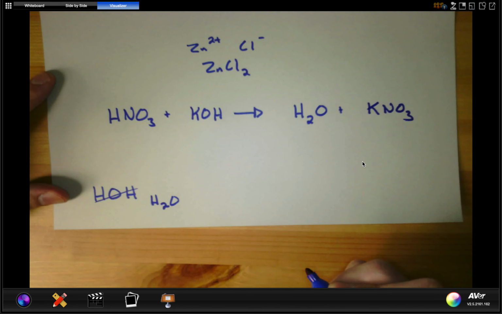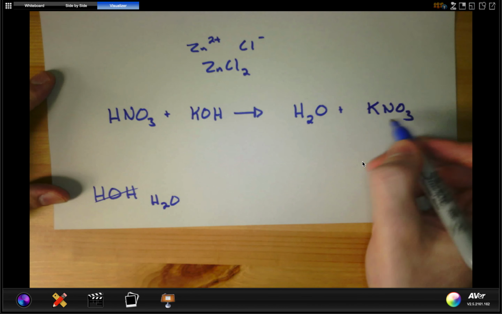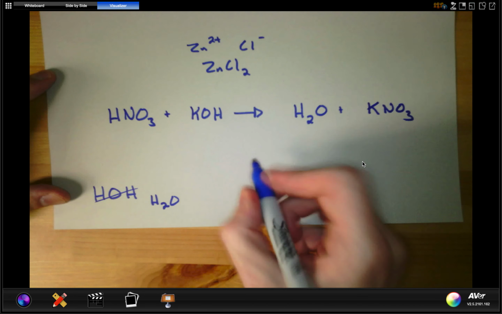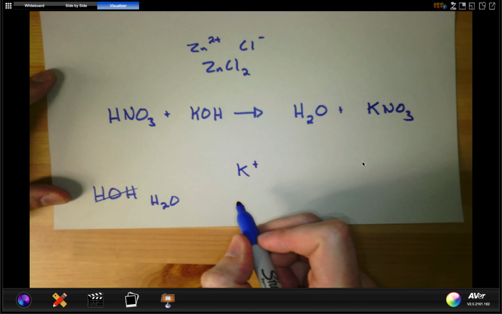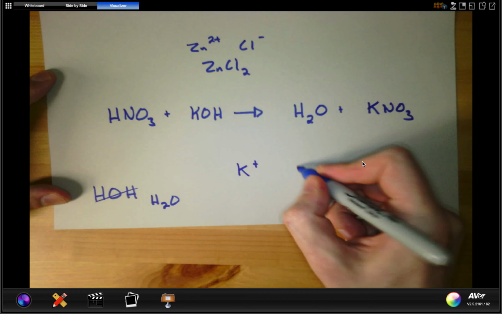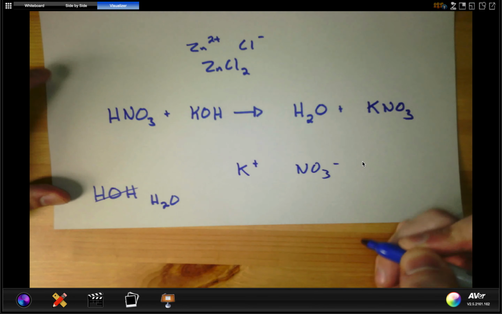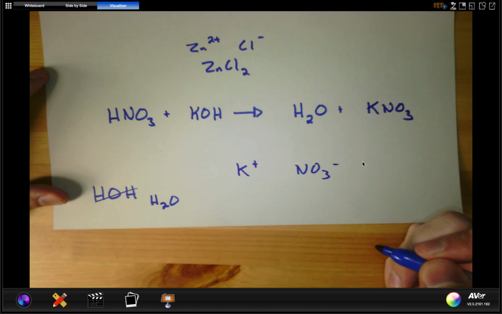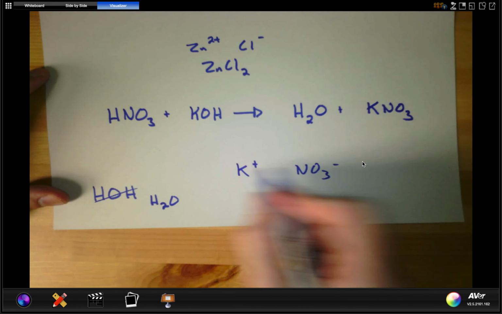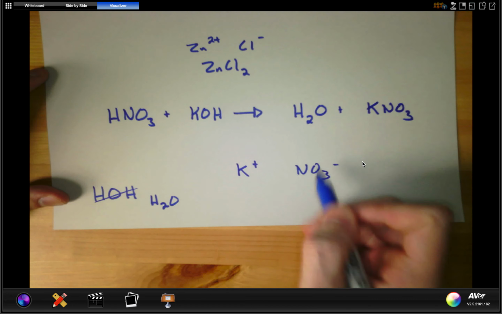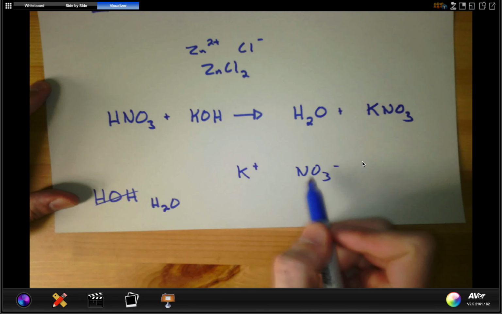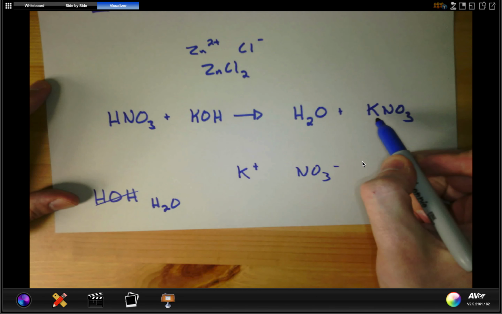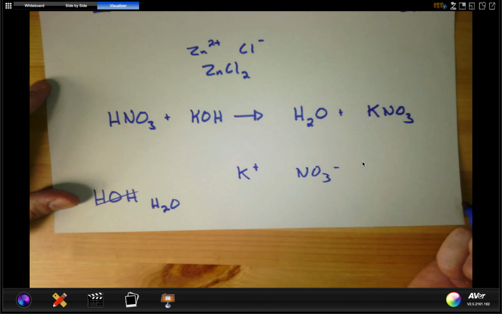I didn't have to do anything to it, because potassium, from the periodic table, is in the first group, a +1 charge. NO3, if you look at the table of polyatomic ions, has a -1 charge. So all you need is one of each to cancel out the charge and become neutral. So this is simply KNO3.